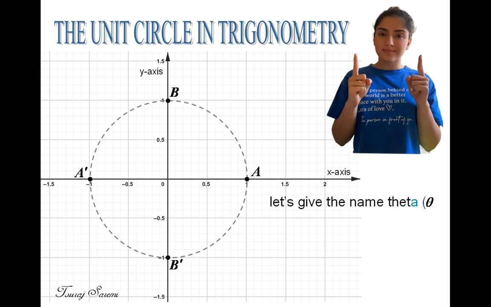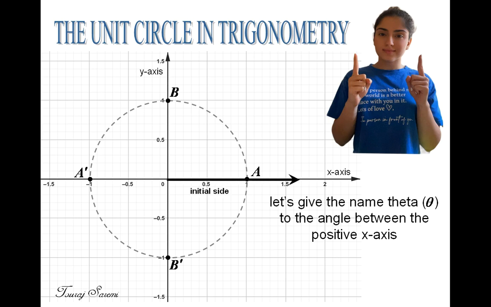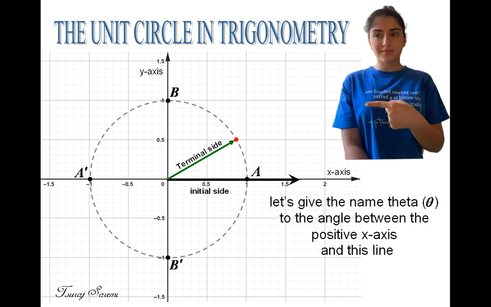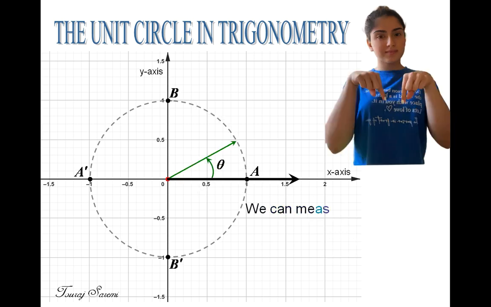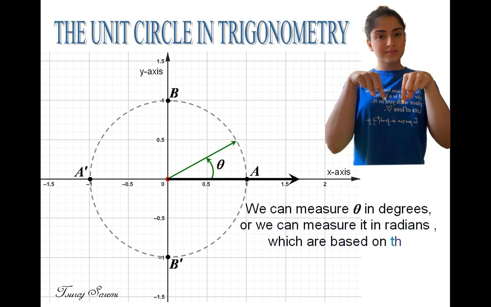Let's give the name theta to the angle between the positive x-axis, initial side, and this line, terminal side. We can measure theta in degrees, or we can measure it in radians, which are based on the distance traveled around the circle.